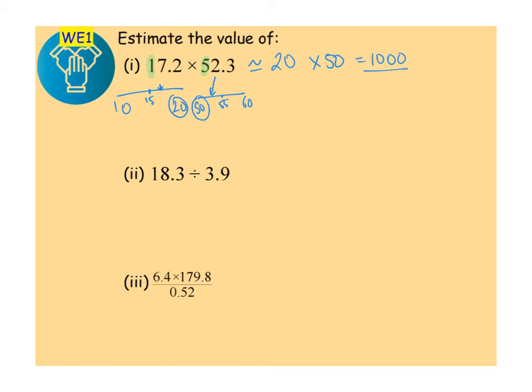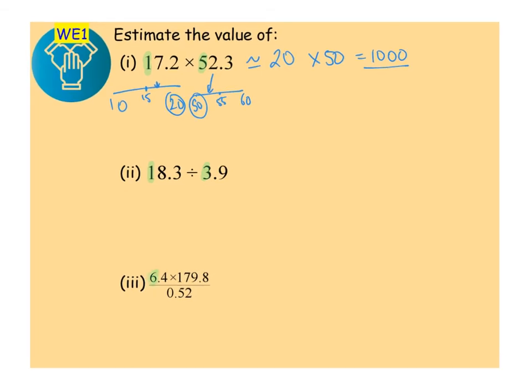For the second question, again, it's 10, and this time we've got 3. I'll do this for the last question as well. So we've got the 6, the 100, and the 5 tenths. Okay, so for the first number here, my number line is going to go from 10 to 20. 15's in the middle, 80.3 is somewhere over here, so nearer to 20. 3.9, so I'm going to use 3 to 4. 3.5's in the middle, 3.9's nearer to that end, so I'll use 4.